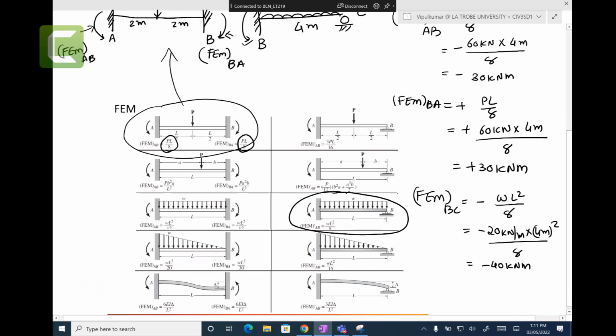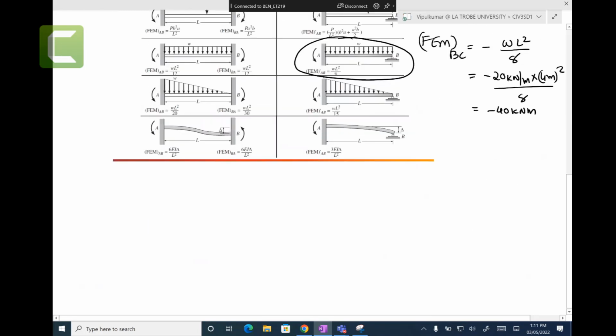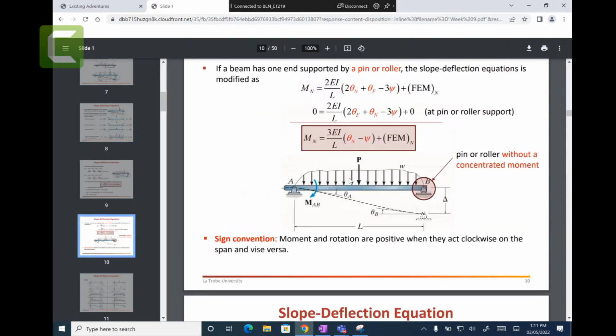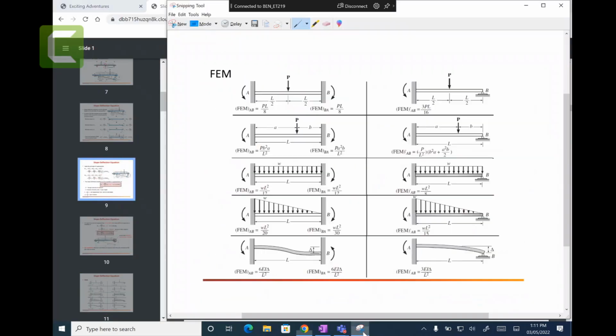And those fixed end moments are just representing all the internal loading onto the nodes. Now, second, we're going to write the slope deflection equations. There are only two equations. There are two possibilities. I can show you where they are. If you go to the lecture notes, one is here, and I will tell you how to use them.